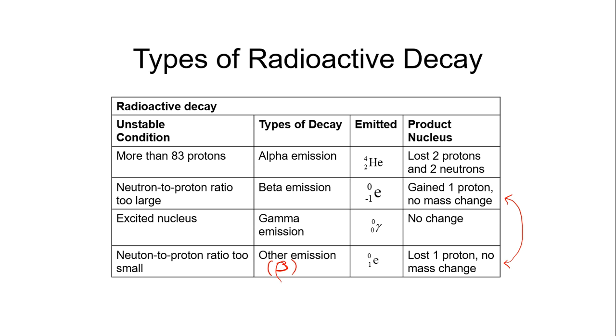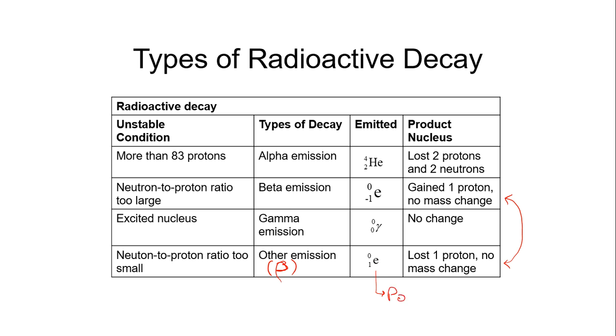Now, this part you don't need to remember very well, just remember the idea. When we have a neutron turn into a proton, you emit an electron. Well, when you go backwards, with a proton turning into a neutron, you emit the opposite of an electron, which is something that has the same mass as an electron, but has a positive charge.